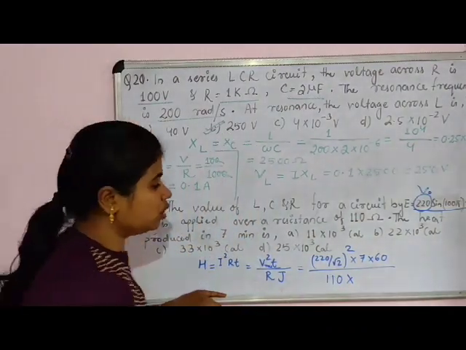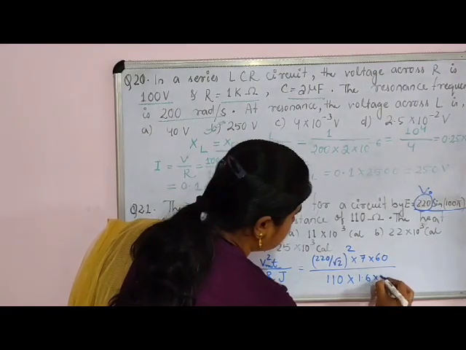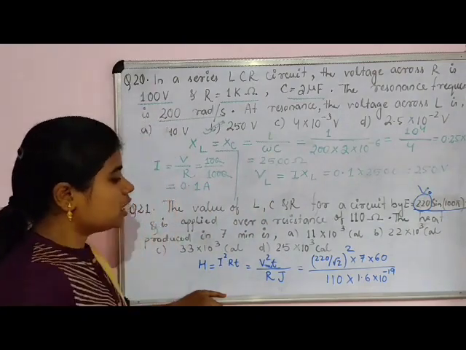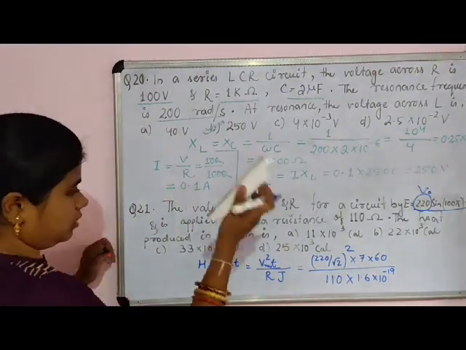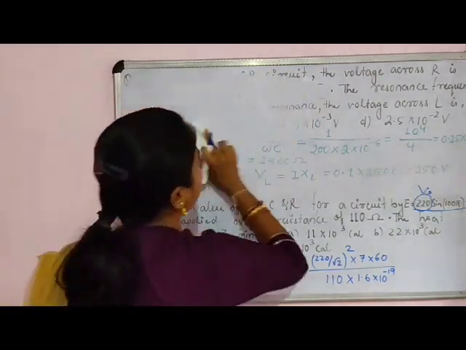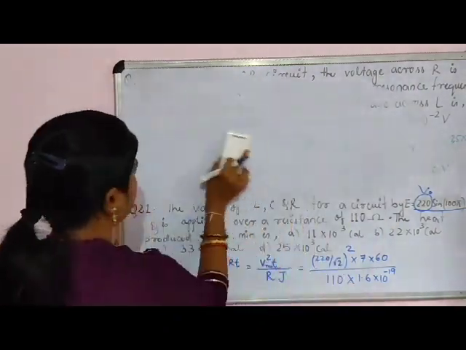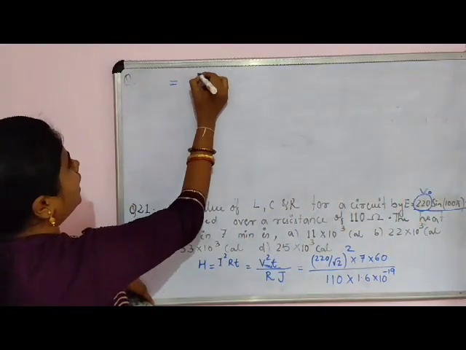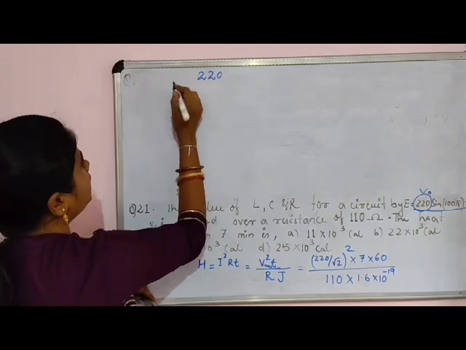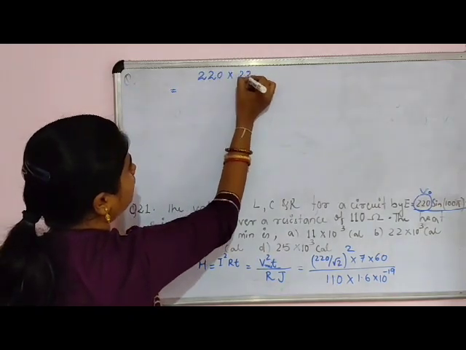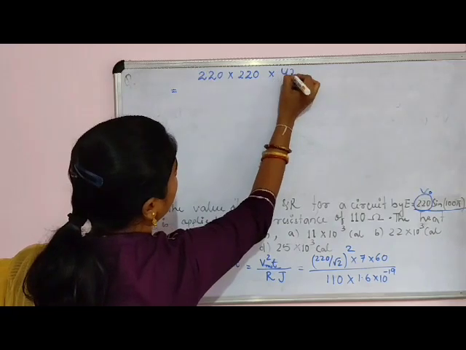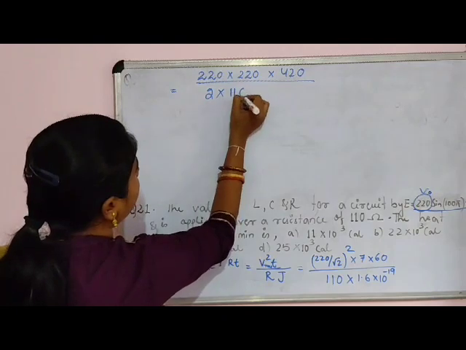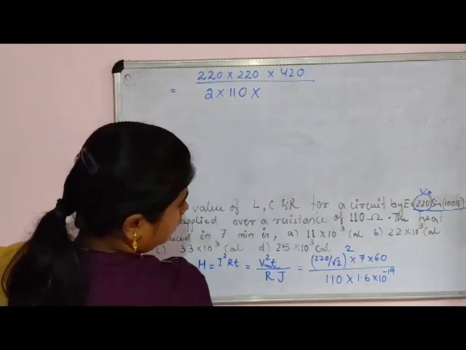Now solving this in the upper part, I can write it this way: 220 into 220 into 420 divided by 2 into 110.